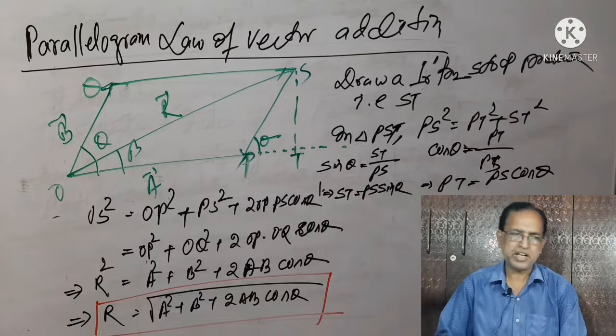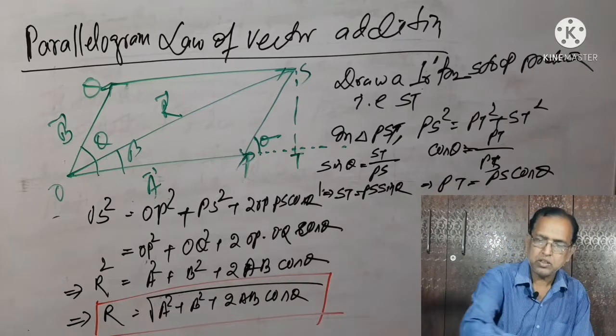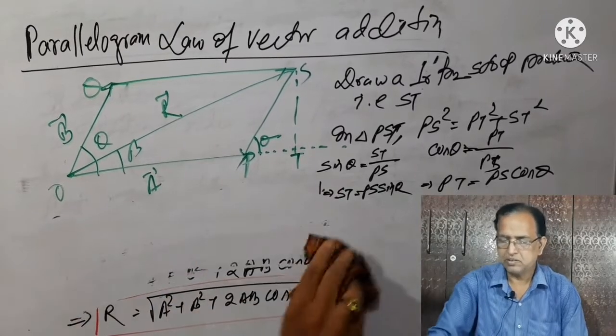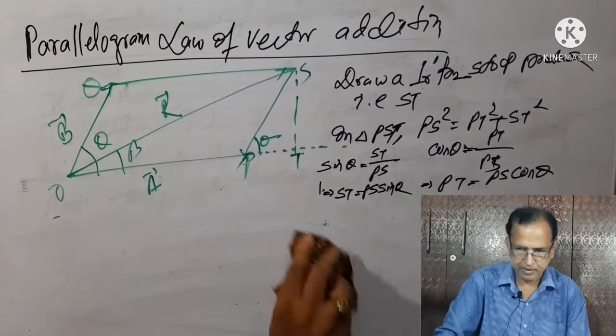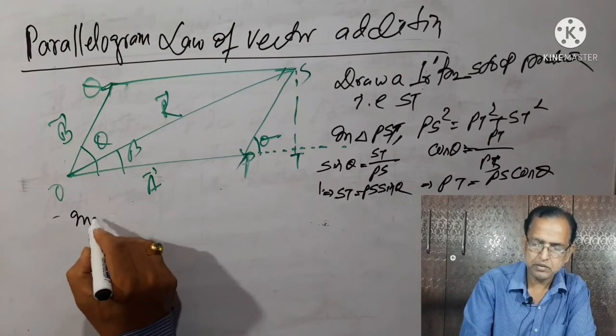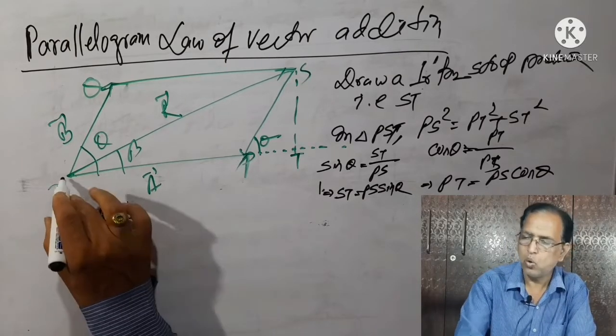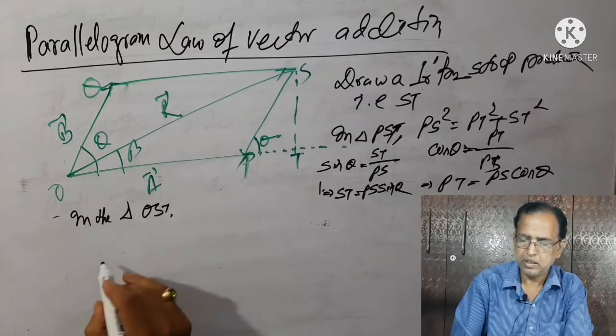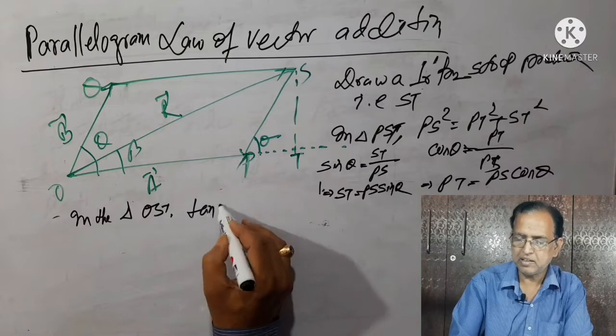Now direction. For direction, we find out the angle beta. In the triangle OST, what is tan beta?